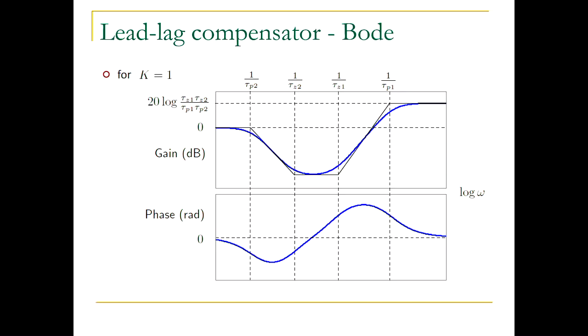So if we place the corner frequencies for the lag at the right points, we won't destabilize the system. I mean, the system is unstable, but we won't do more damage.